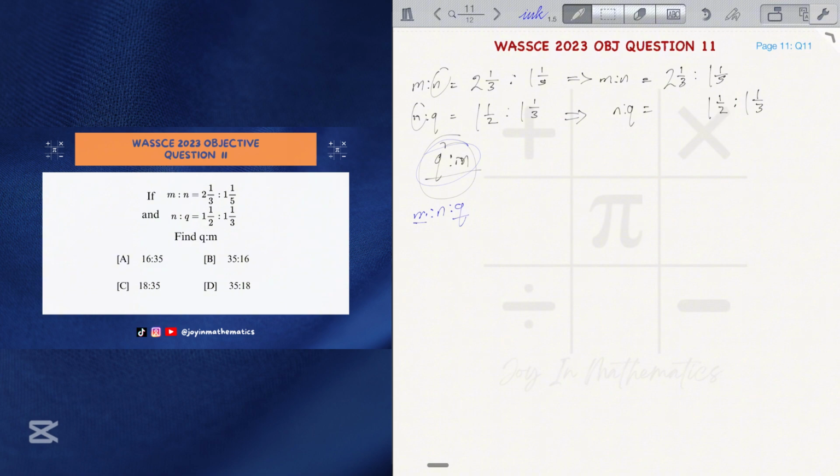So let's begin. The first thing we will do is to convert these to improper fractions. So we have m ratio n. 2 1/3 is equivalent to 7 over 3, and 1 1/5 is equivalent to 6 over 5.